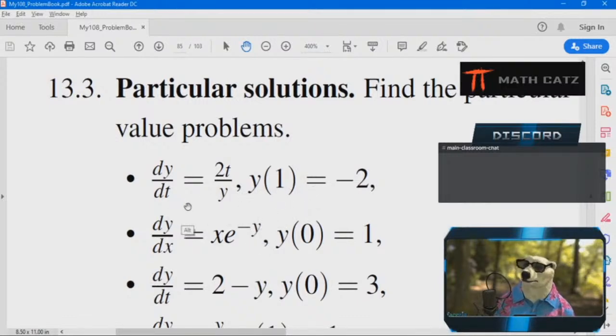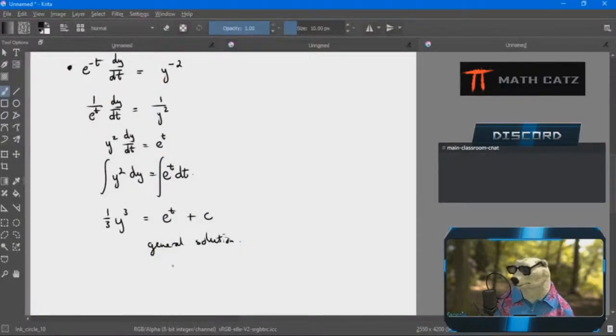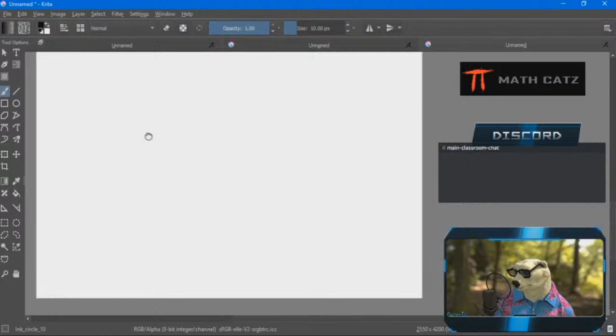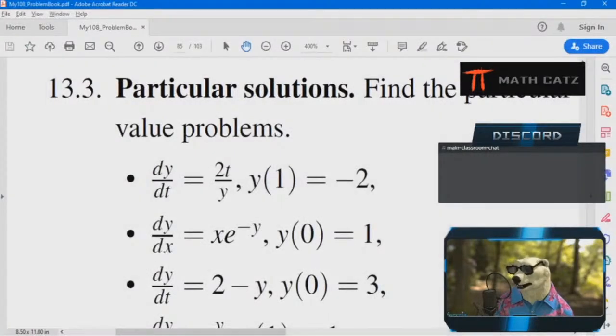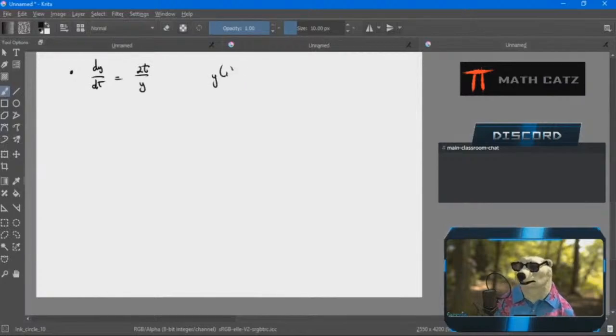Let's do the first one: dy/dt equals 2t over y, and my initial condition, y of 1 equals negative 2. All right. Now I'm not too bothered by that extra information because I don't need it until after the general solution. So I need to separate here.